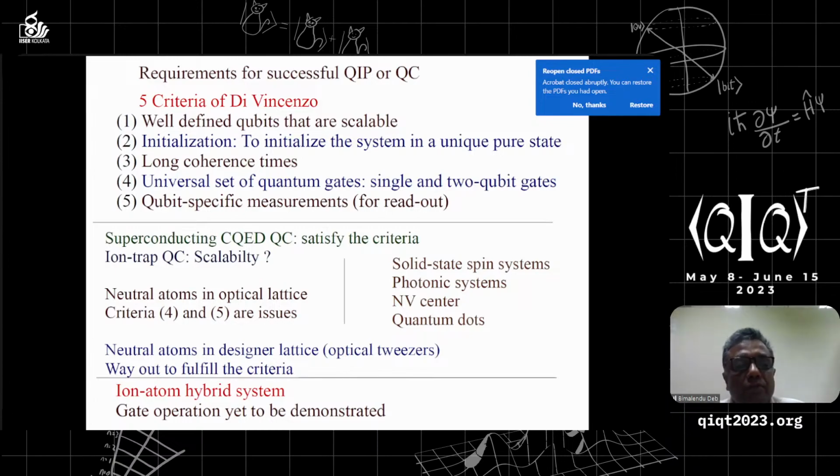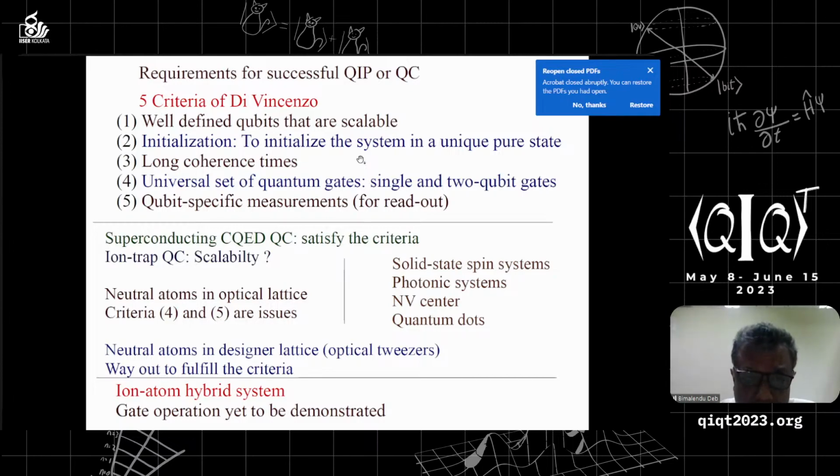In order to make a quantum computer, we have to fulfill five basic criteria, which are the following. We should have well-defined qubits that are scalable. Then we have to initialize the quantum states, and in a unique way, so you have to prepare the quantum system in a unique pure state to begin with. And these qubits should have long coherence times, not only a single qubit.